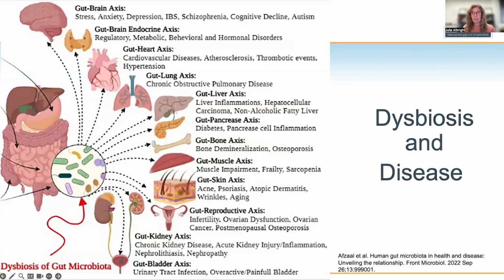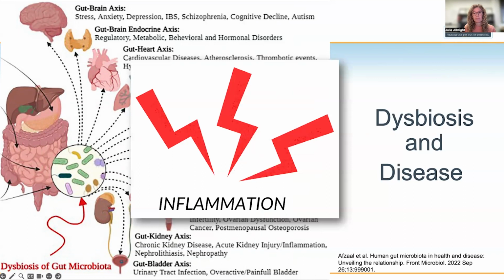This is a very busy graphic, but it illustrates that many system dysfunctions have been linked to gut microbiome dysbiosis. It's important, though, to state at this time that most of these studies can only provide correlation. We've got to be careful about causation. One obvious mediator that ties all these systems together is chronic inflammation.